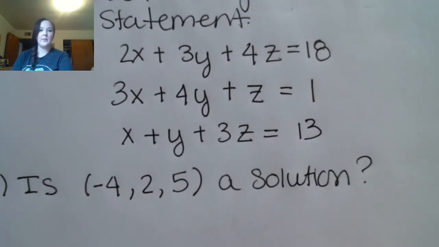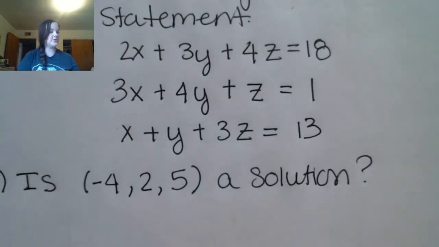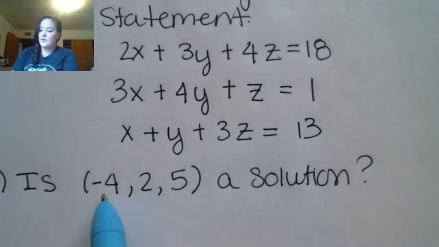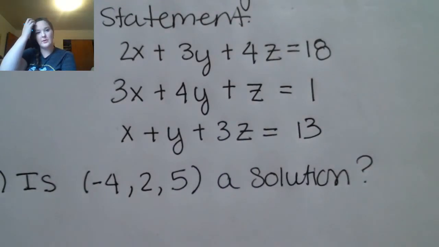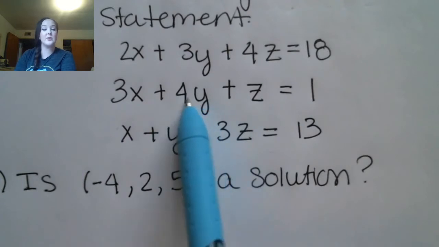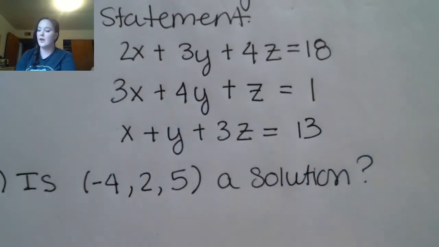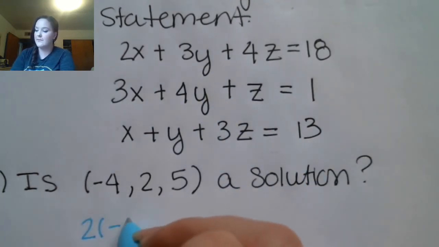Okay, so what we're going to do is substitute this in for each one of these equations and check. So first, this is a system of three equations with three variables. And that should look similar to the other stuff in this section where we had systems of two equations. So we're going to plug in this candidate solution and see if this is giving us a true statement.